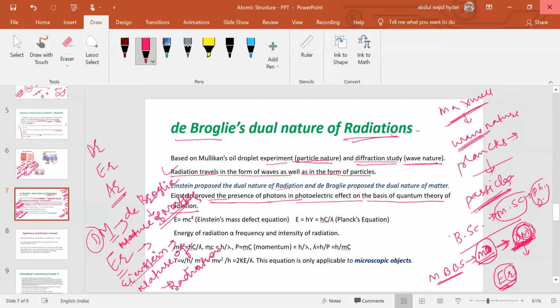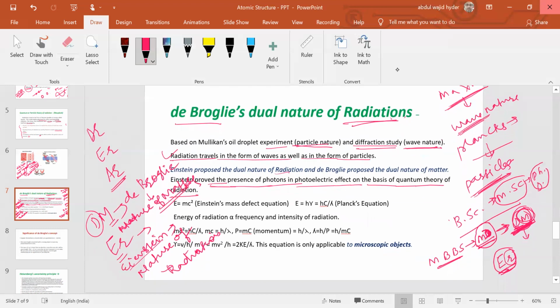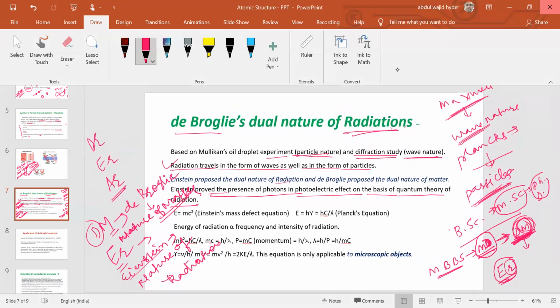See what Einstein's mass defect equation is. Einstein's mass defect equation: E is equal to mc square. And then what is Planck's equation? E is equal to h nu, that is hc upon lambda.